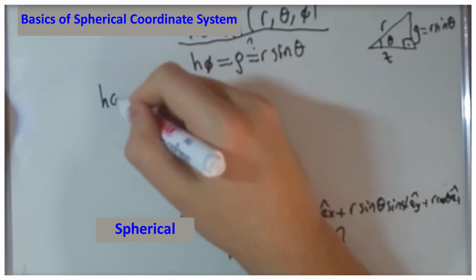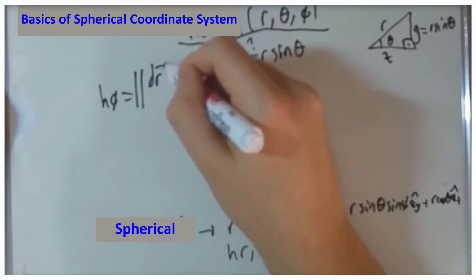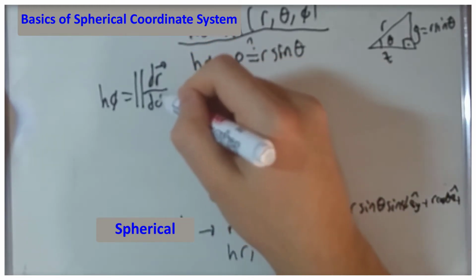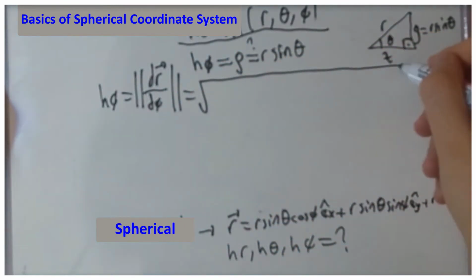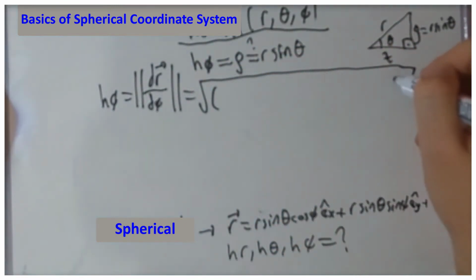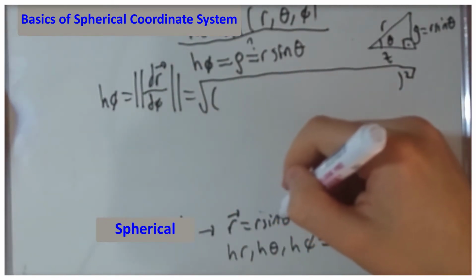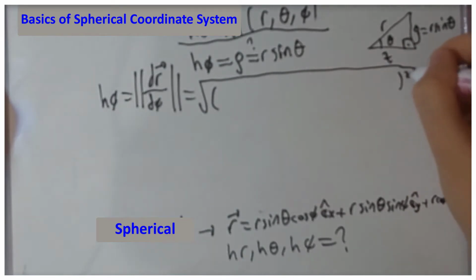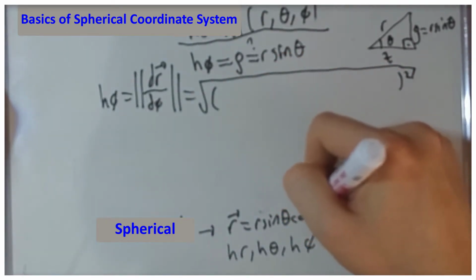Let's do it again. Then what was h phi equal to? I will take the derivative of r with respect to phi. I open this derivative operation as follows. See here, I will take the derivative with respect to phi, square it and enclose it in the root. What is the derivative of cos phi with respect to phi?